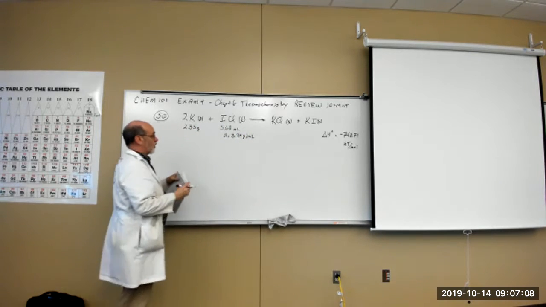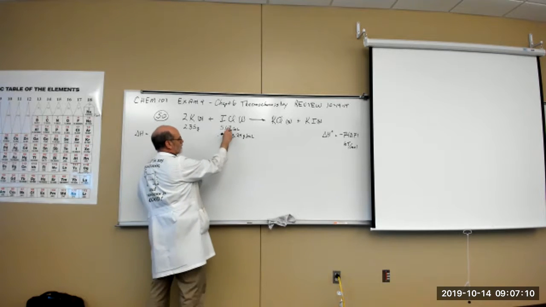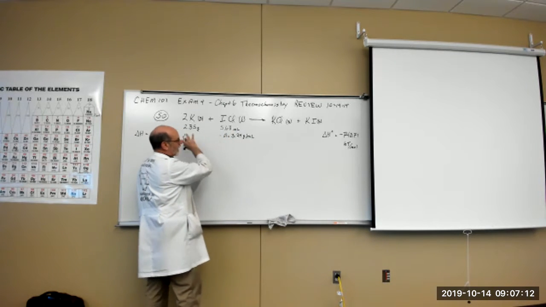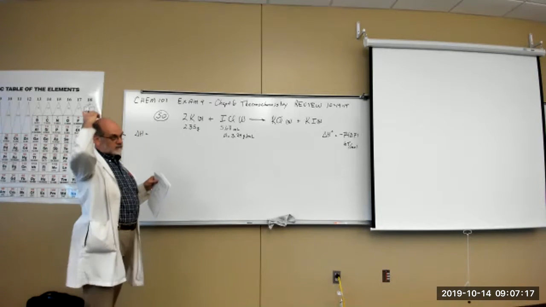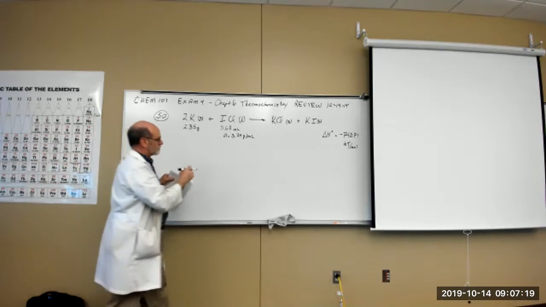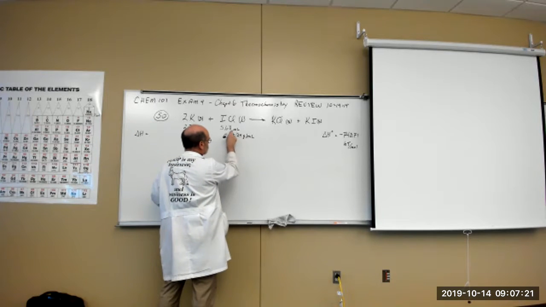Okay. So we can't convert mils into moles. Remember, we can't go anywhere in this equation and answer the question until we have moles. So this has to be converted to moles.